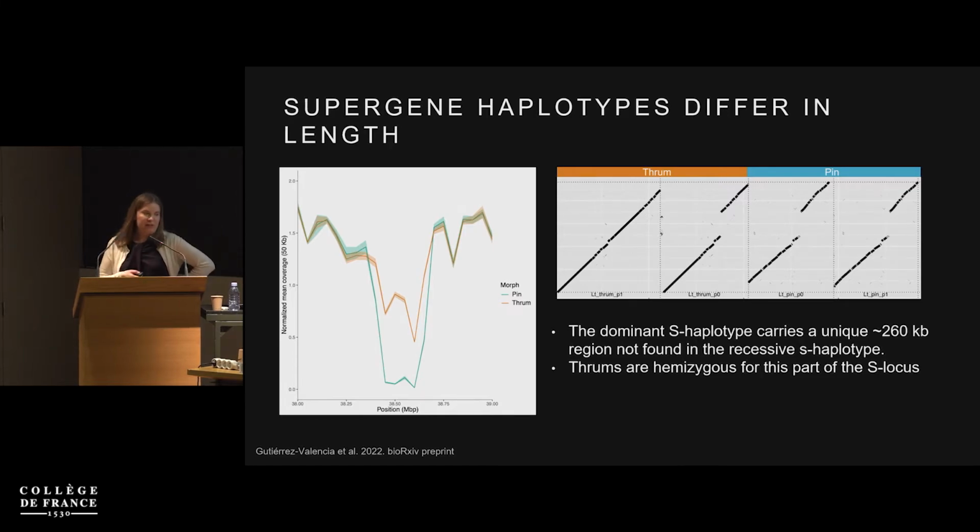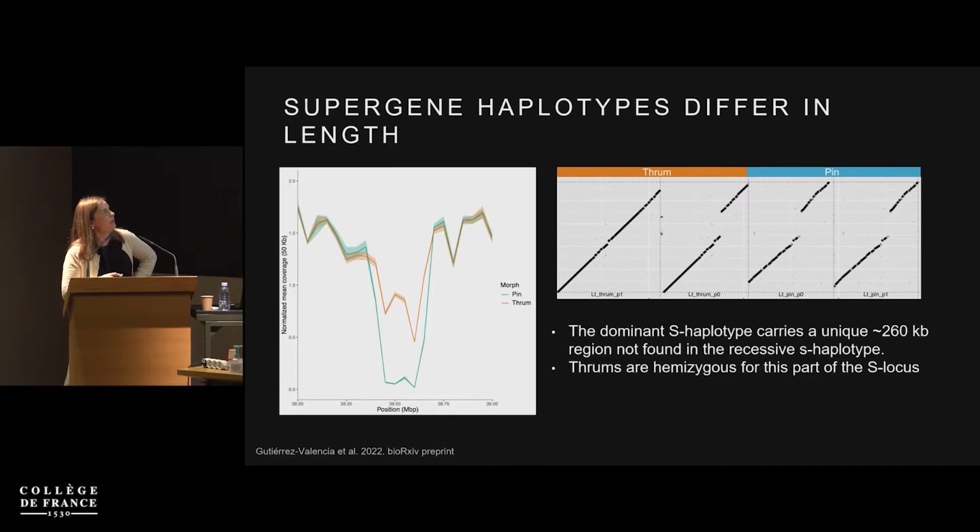When we compare our phased haplotypes from the thrum and pin genomes, we see that there's a region here that is only found in one haplotype in the thrum and not in the pin individuals, and we have verified this using linked-read assemblies from multiple more individuals. And so what it looks like is that we do have a situation where thrums are hemizygous for this part of the S locus, and pins are simply missing that region.